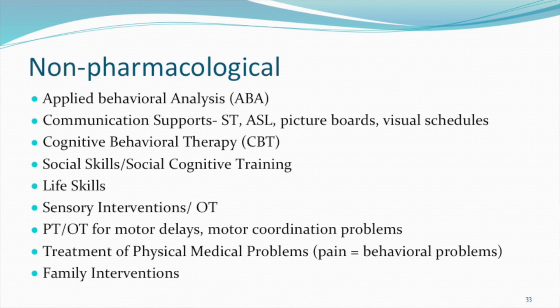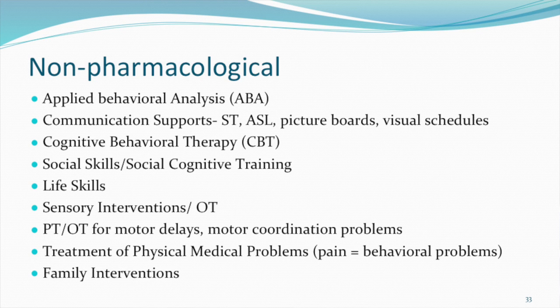Cognitive behavioral therapy can also be very helpful for individuals with autism. It can help in treating autistic and non-autistic individuals with common mental health conditions such as depression and anxiety. Additional therapies can be helpful in teaching social skills and social cognitive training and life skills.